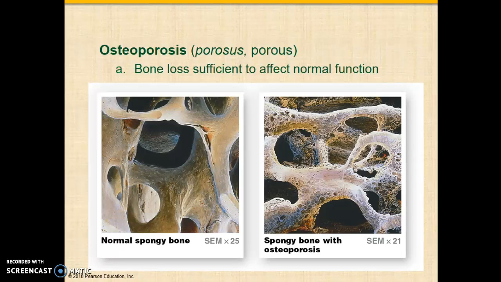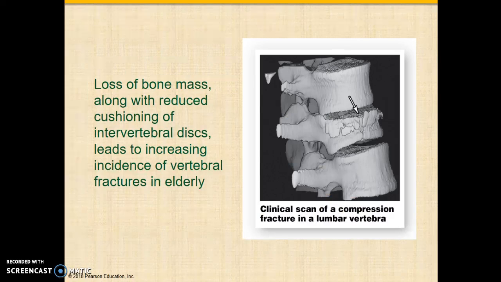Osteoporosis is bone loss, and here you can see a good shot of scanning electron microscopy of normal spongy bone and spongy bone with osteoporosis. With the loss of bone mass, along with reduced cushioning of the intervertebral discs, there can be a greater incidence of vertebral fractures in the elderly, and you can see this compression fracture here.